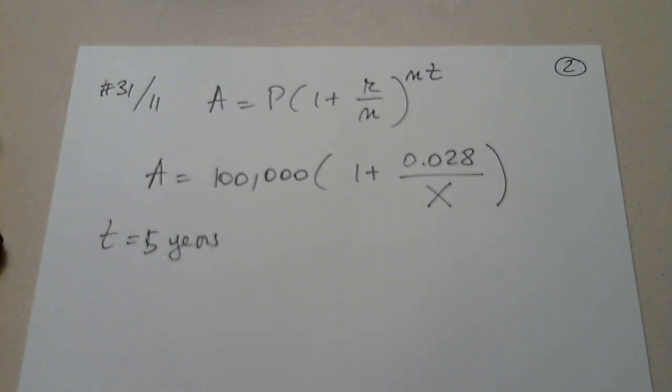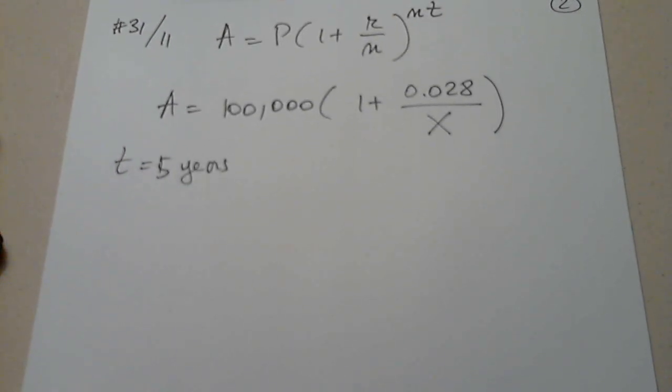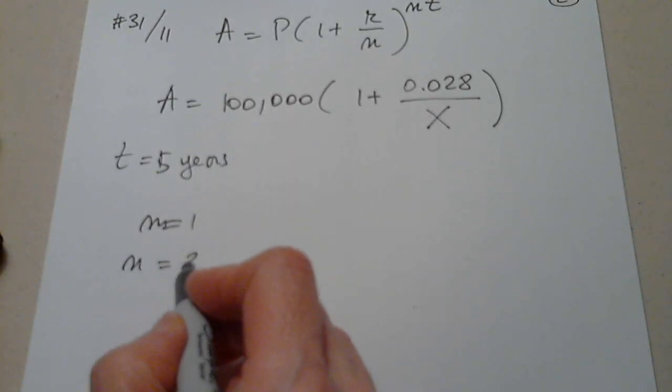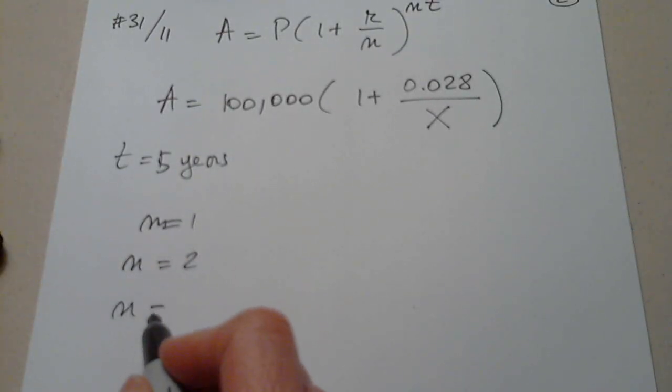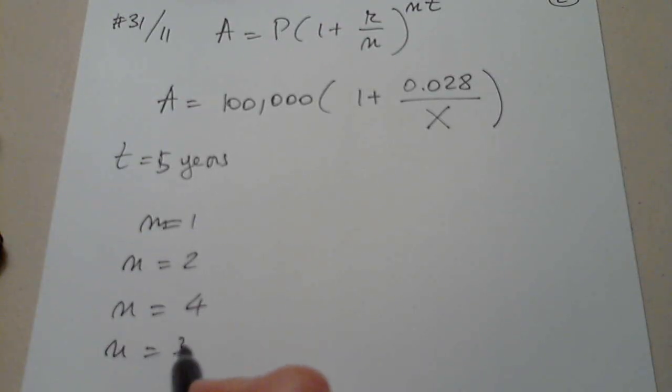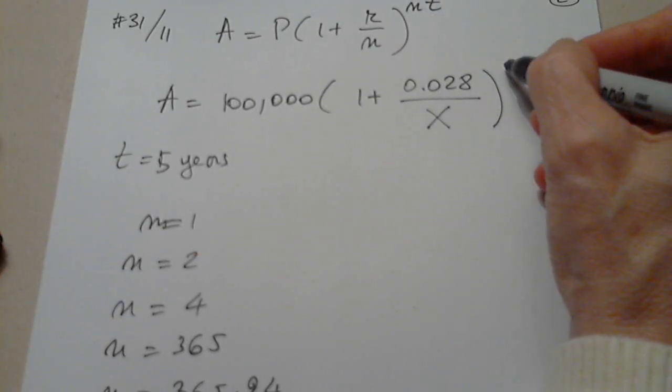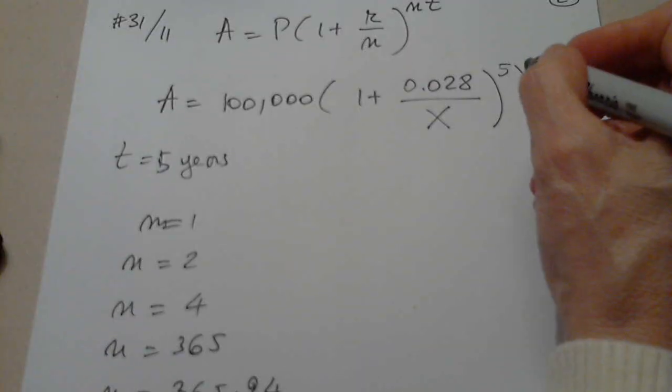So you can see 1 year may be a little bit confusing when I put the 1 in there, that's why. So we know that annually we discussed n equals 1, then n equals 2, and then n equals 4, and then n equals 365, and finally n equals 365 times 24 hours. Okay, so n to the power x times t, which is 5x.